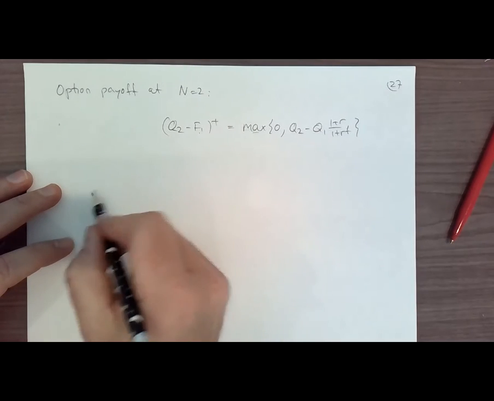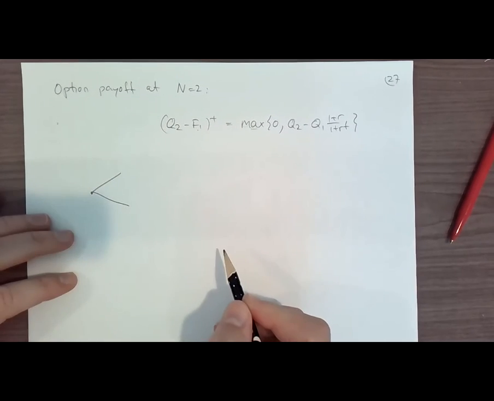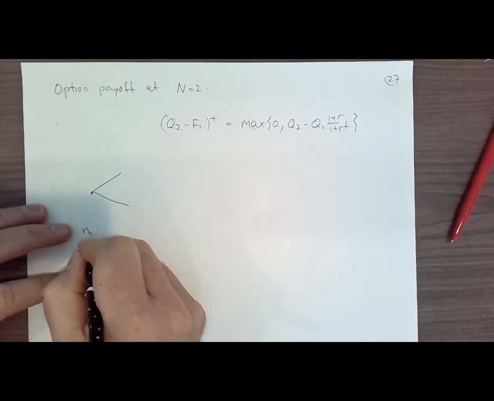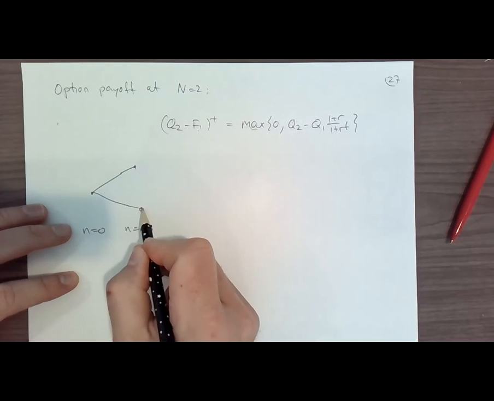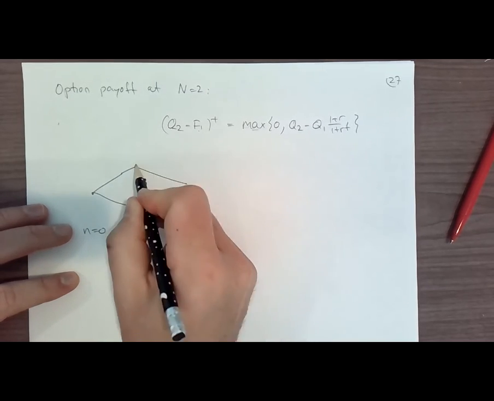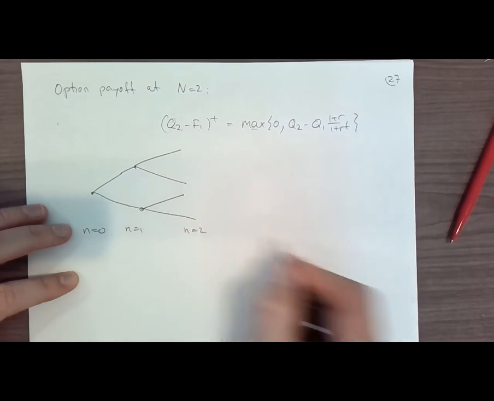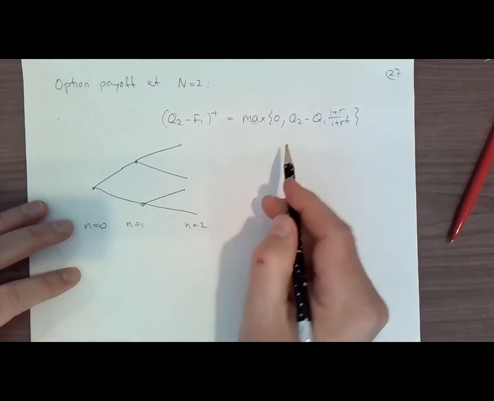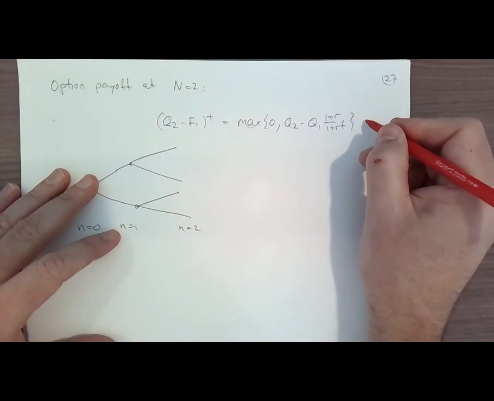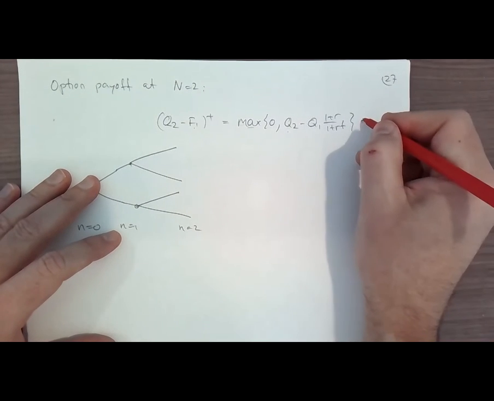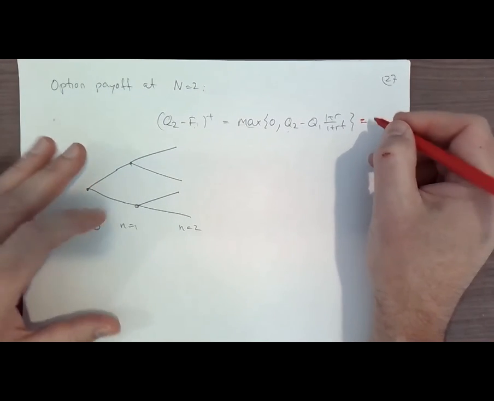We'll have Q can take 2 values at time 1, and at time 2, out here, we're going to get this payoff. This is what we've been calling F2.